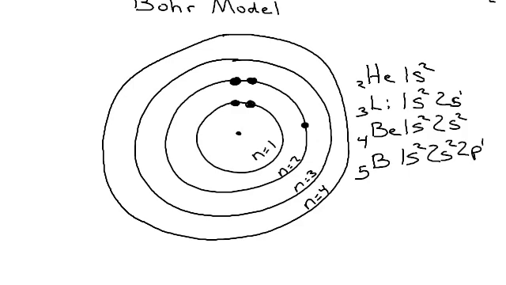Then I skipped all the way down, I think, to neon, which means the electrons now need to fill in p orbitals. And if you take note of how I'm filling them in, this will come in handy later on.